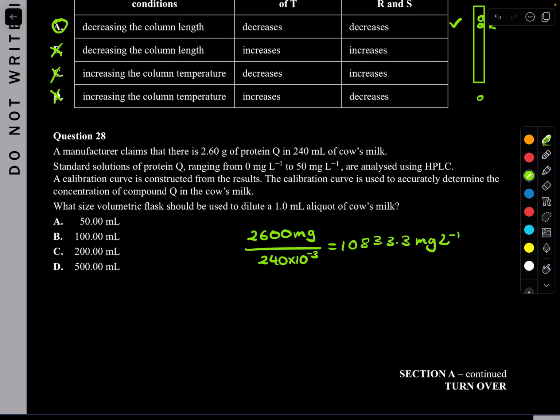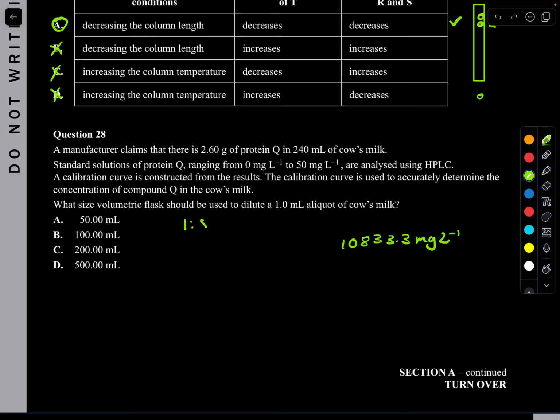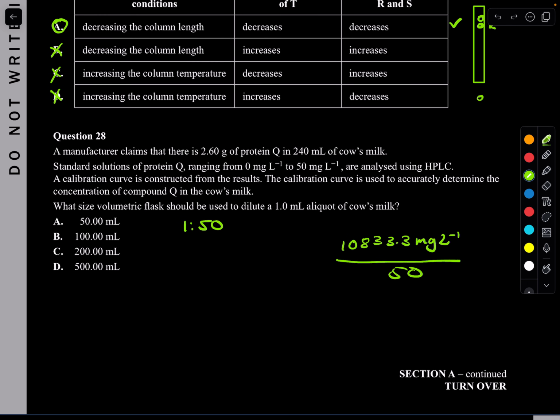Good job. That is perfect. So we've got our actual value here. Now, what size of volumetric flask should be used to dilute? So we need to find the dilution factor. This 1 milliliter, you're going from 1 milliliter. Let's try the first one, 50. You're going from 1 to 50 milliliters, so the dilution factor is 50. Divide this by 50, and it needs to be in this range from 0 to 50 to be the best one to use.